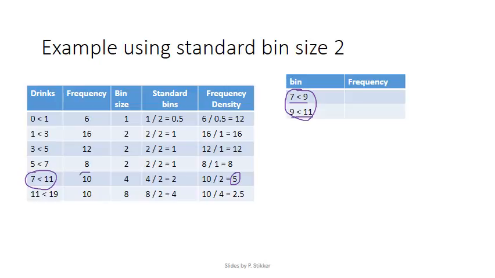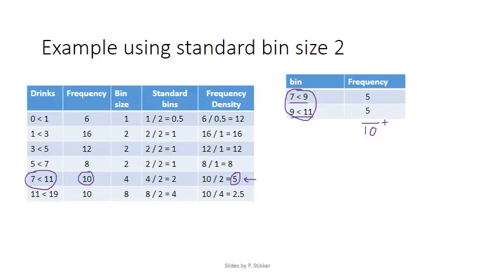The total of these two groups combined should of course be 10. So again here we say plus and should be 10. And since we only have 2 bins, that means that each of these gets a frequency of 5.